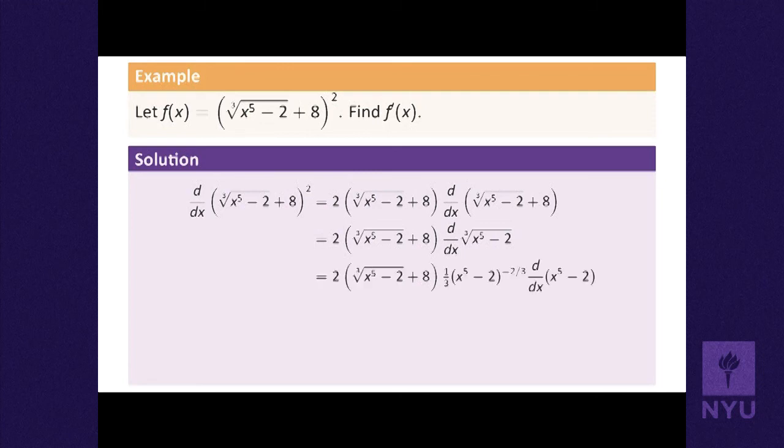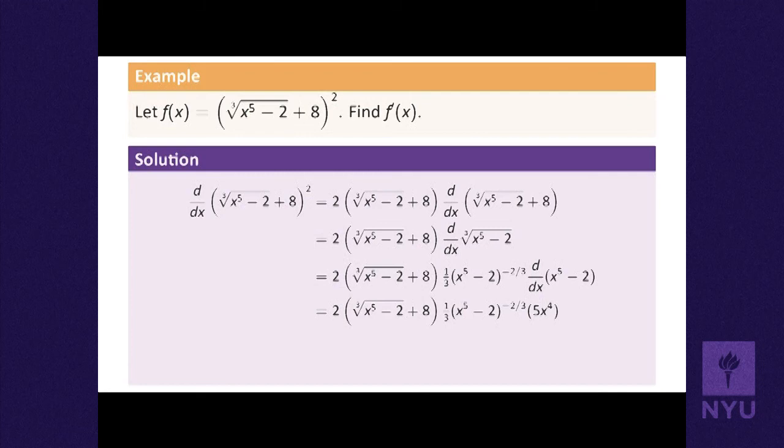So the derivative of the cube root of x to the 5th minus 2 is 1/3 x to the 5th minus 2 to the minus 2/3 power times the derivative of x to the 5th minus 2. Again, this is the generalized power function. The derivative of whatever to the 1/3 power is 1/3 whatever to the minus 2/3 power times the derivative of whatever. In this case, now, whatever is x to the 5th minus 2.